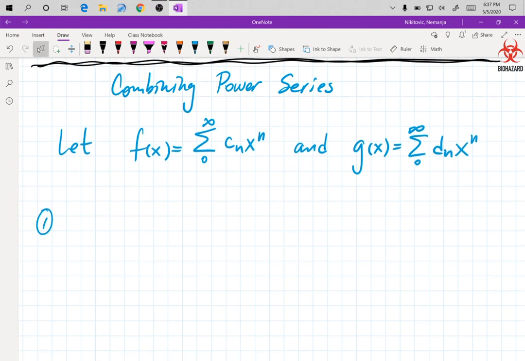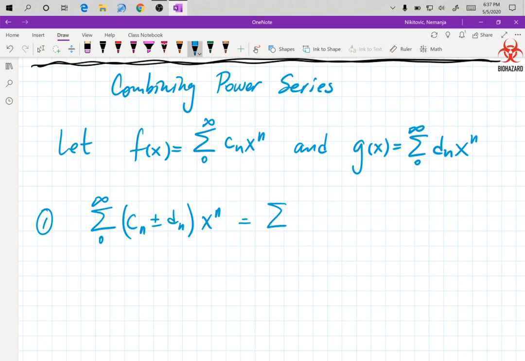First rule is that if you have a power series which has c_n plus or minus d_n, sorry, I use n's, and the book is using k's, and it's just a whole mess. There we go.